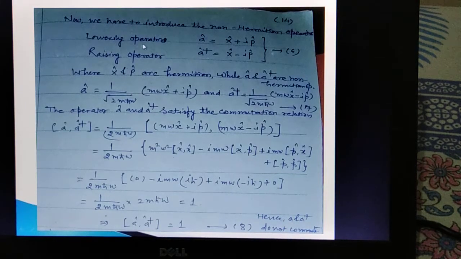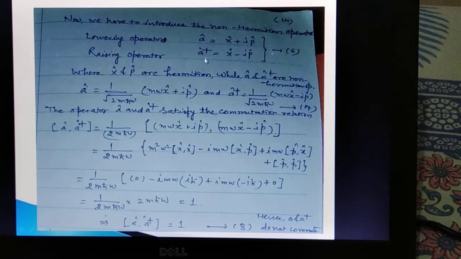Now we introduce non-Hermitian operators A and A dagger. A is equal to capital X plus i capital P, while A dagger is equal to capital X minus i capital P. X and P are Hermitian, while A and A dagger are non-Hermitian.